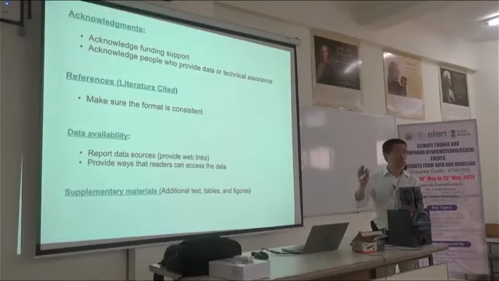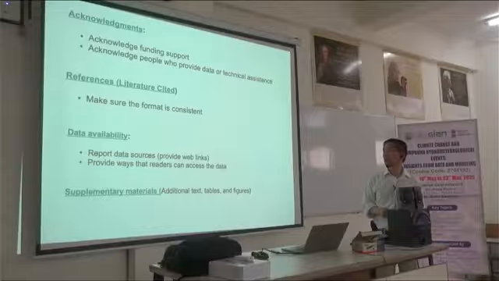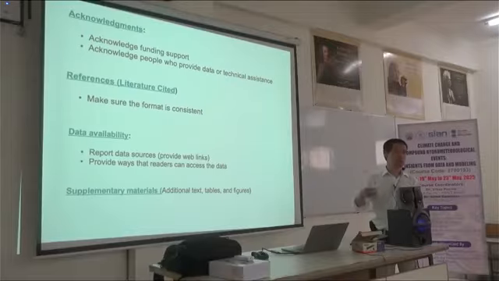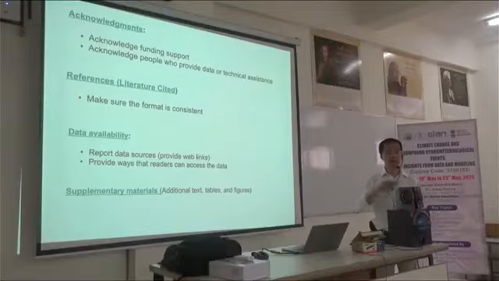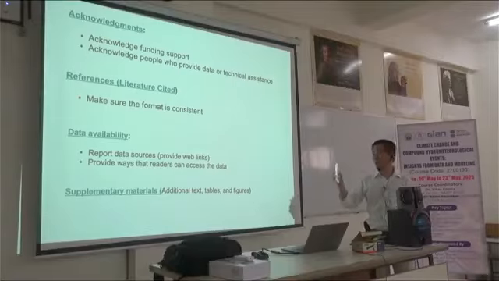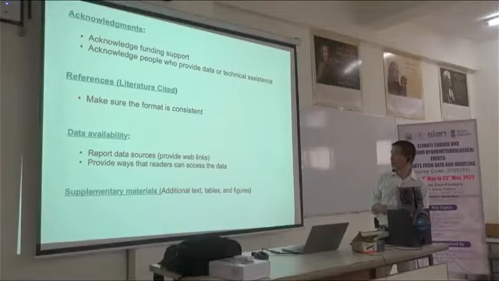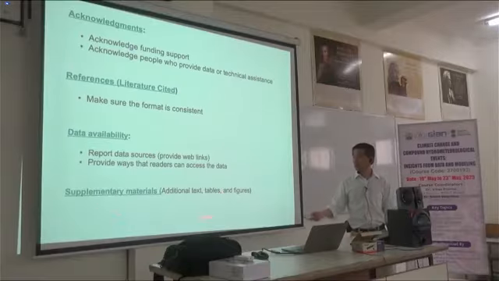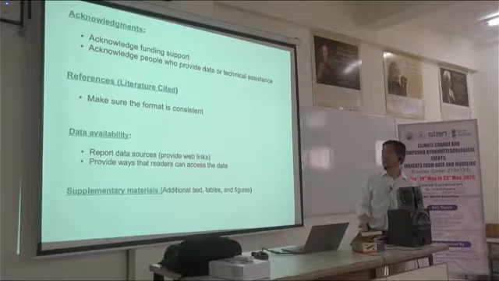Many journals are trying to push in that direction. Other journals don't yet, but you have to write something like, I'm available to share the data if other people request it, though not detailed information. Again, it depends on the journals.